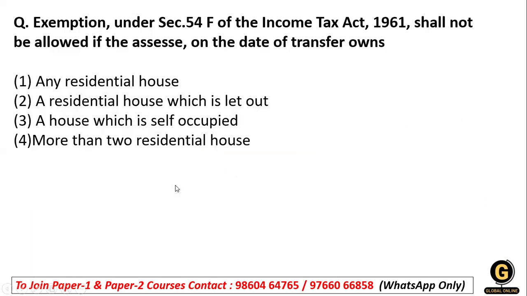Now, next question, exemption. The question is about the exemption under section 54F. 54 is for capital gain. This exemption comes under capital gain, because 54 sections come under capital gain.